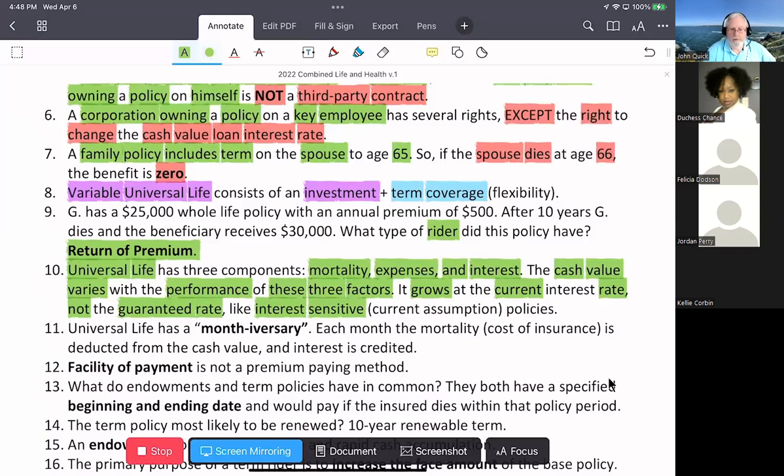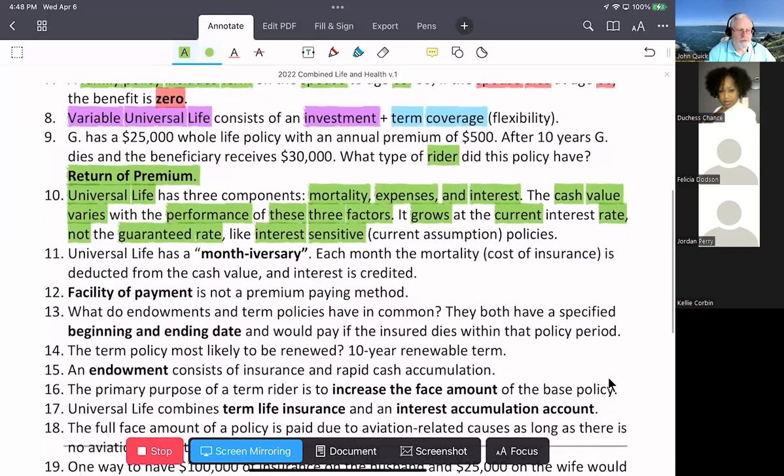So whatever the current rate is, that's what you're going to get. Now, universal life has a month anniversary. So every month, the mortality, cost of insurance, is deducted from the cash value. Interest is credited to the cash value.